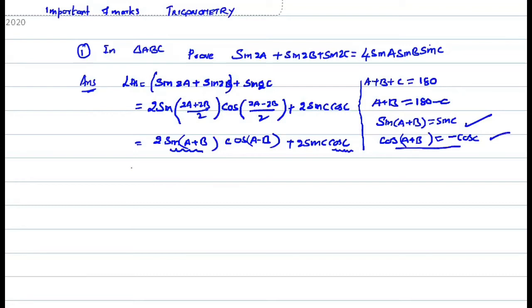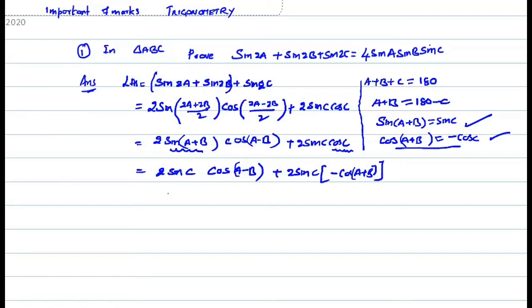Okay, now change these two things. A plus B is converted to C. That is, sin (A+B) is sin C, cos of (A−B), and then plus 2 sin C as it is. Only one C is converted, that is, cos C is converted to minus cos (A+B). Almost 90% of the problem is over.